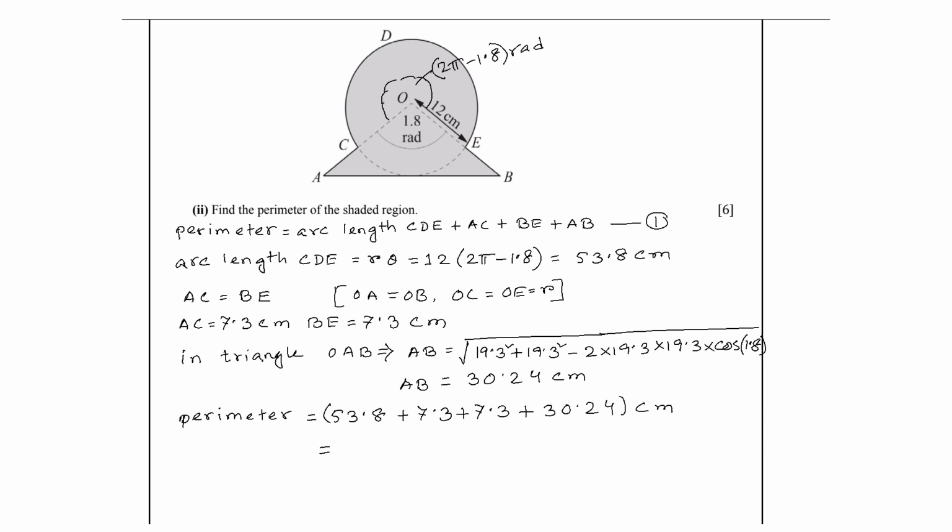Now let's use the calculator again. We can get the value of the perimeter as 94.68. So let's write 94.68 centimeter. Now let's move on to the last part of this question.